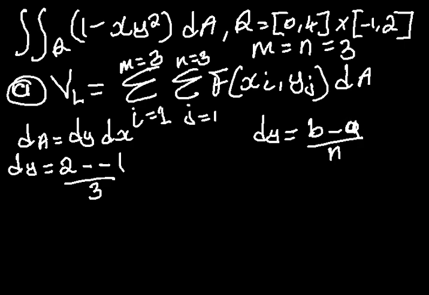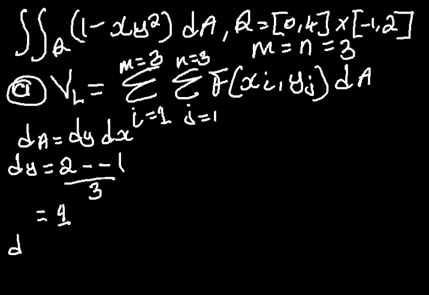You just have to subtract. So keep that in mind. In this case, delta y is 2 minus (-1), that is 3, divided by 3, which is 1.